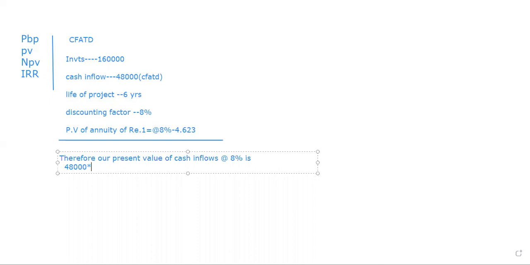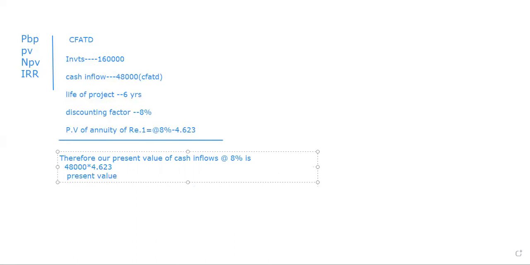For the 6 years of life at 8% discounting factor, my annuity table is showing me the value of 4.623. So simply we are going to multiply it. When I multiplied it, the value I got is called the present value.